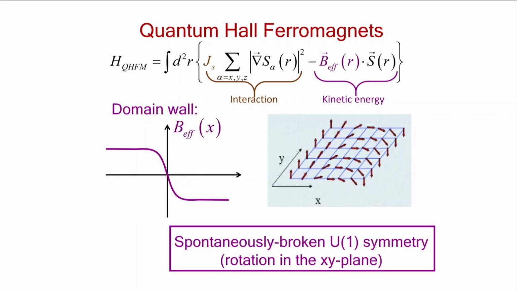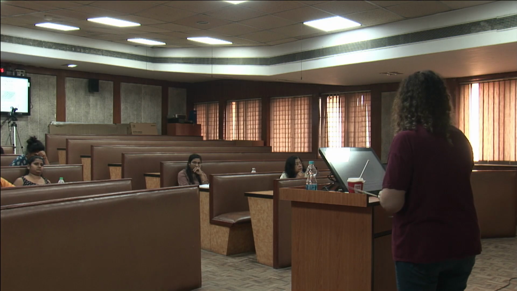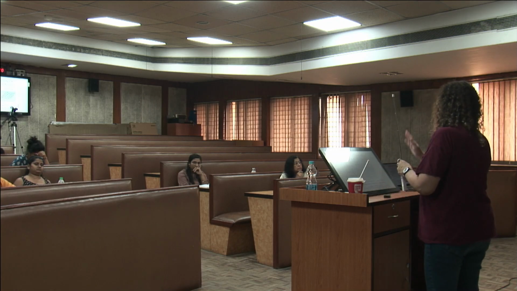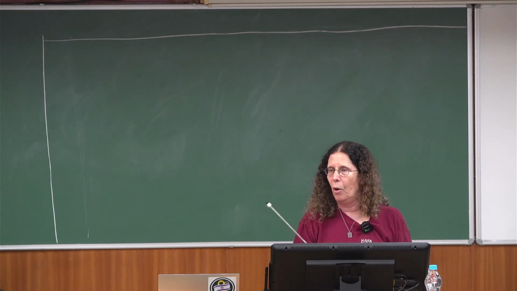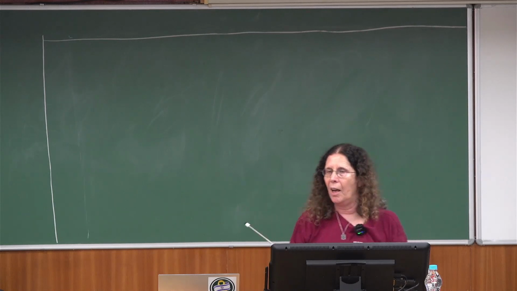Because of the huge cost of the exchange energy, this domain wall will not be as sharp as the external magnetic field. It will be a smooth domain wall, and the spin will flip across this domain wall gradually over a length scale that is dictated by Js, or some combination of Js and the Zeeman energy, okay?